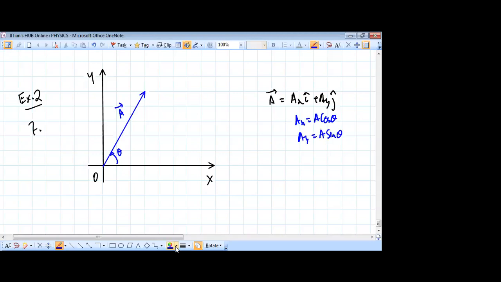Now suppose I have a second coordinate frame which is oriented different. So what is meant by oriented different?